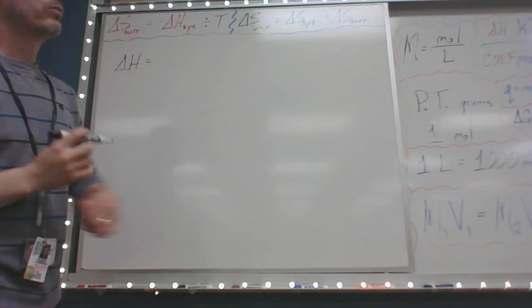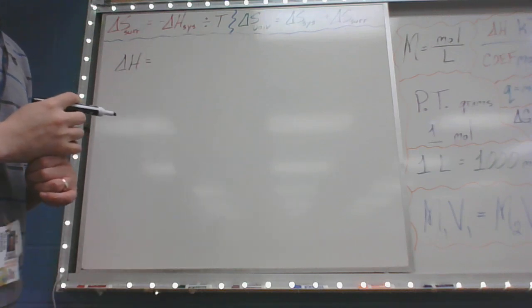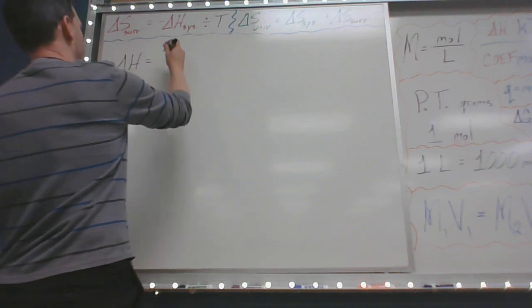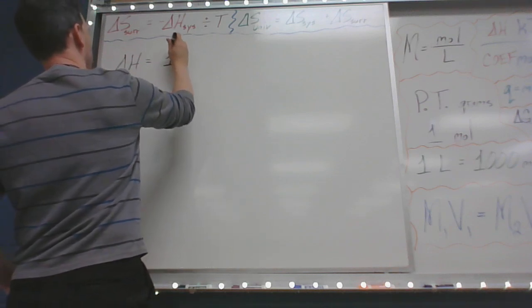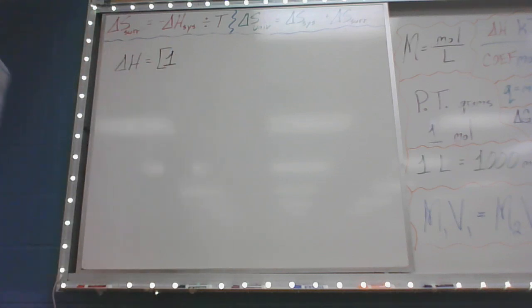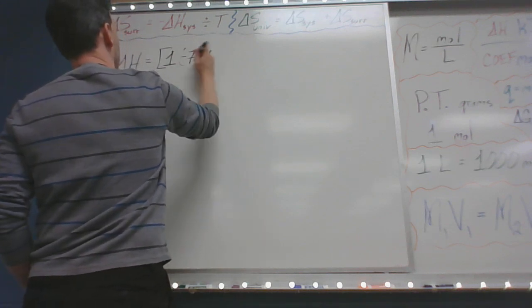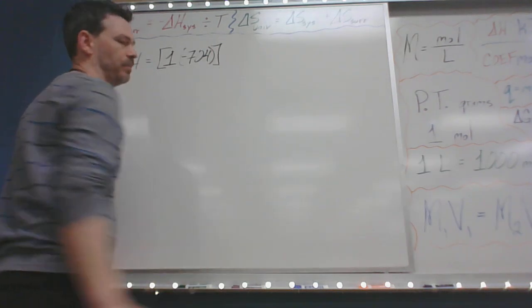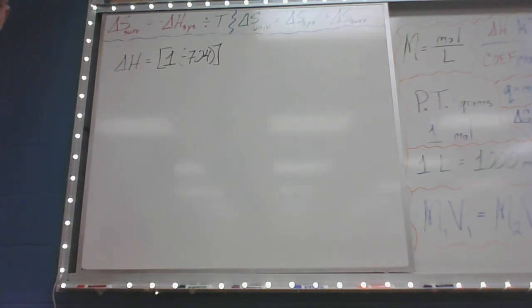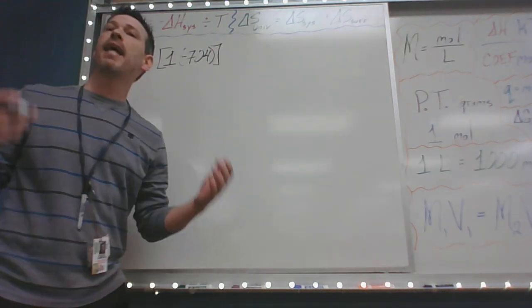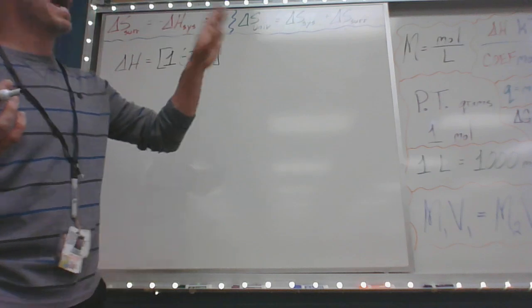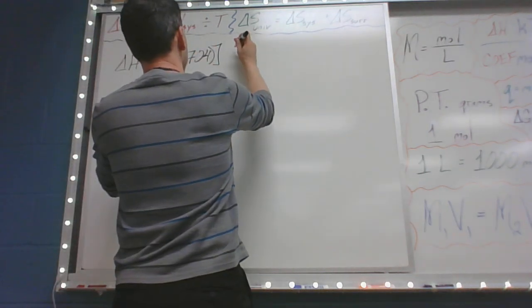All right. Using the table, starting with the products, it looks like there's one aluminum chloride. The H value of him is negative 704. Just like in an earlier reaction, the reactants are all 3 elements.